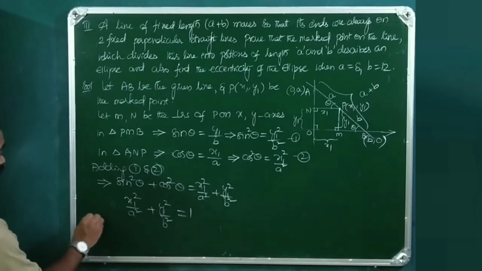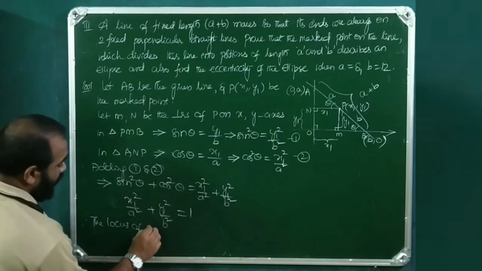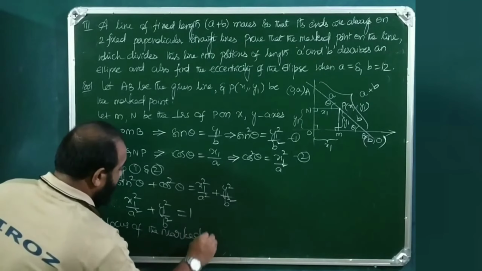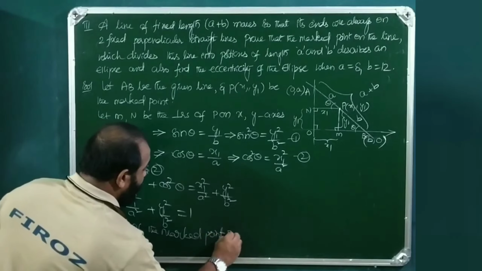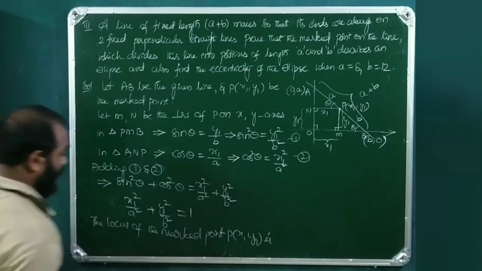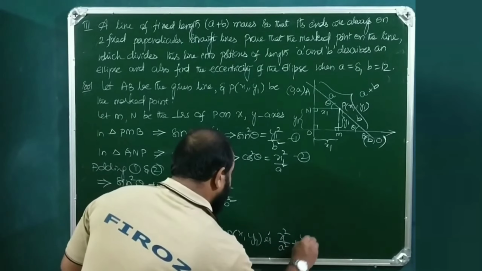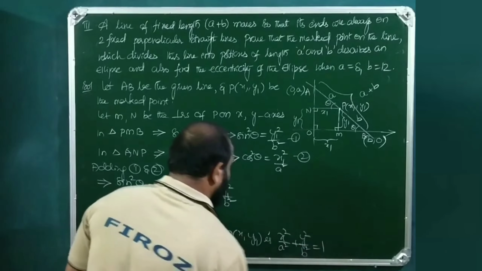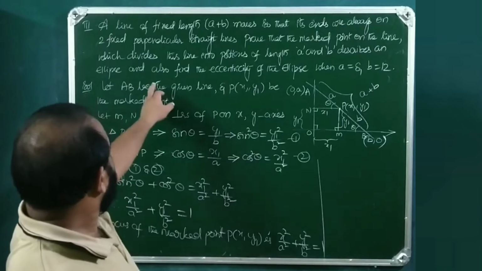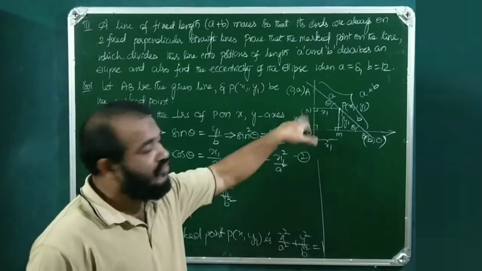Therefore the locus of the marked point P(x1, y1) is x square by a square plus y square by b square equals 1. Now we need to find out the eccentricity of the ellipse. Here a is less than b.